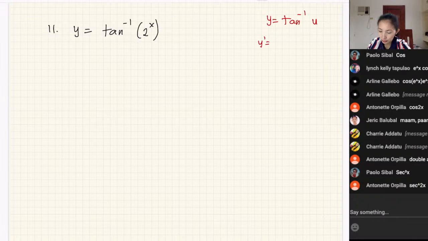The derivative of arctan of u is du over 1 plus u squared.